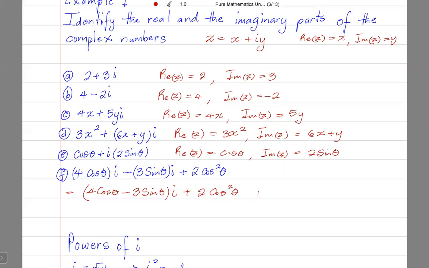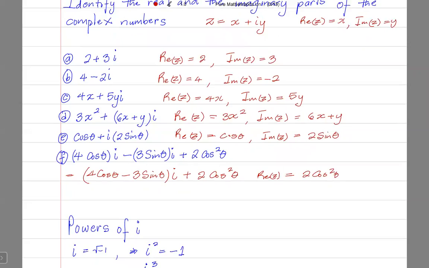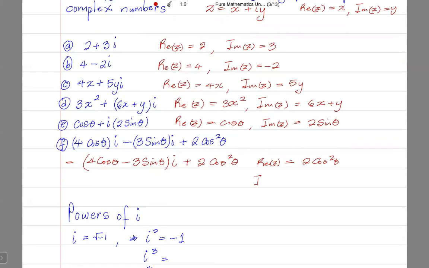So here, the real part of the complex number is 2 cos squared theta, and the imaginary part of the complex number is 4 cos theta minus 3 sine theta. Any issues with anything here?